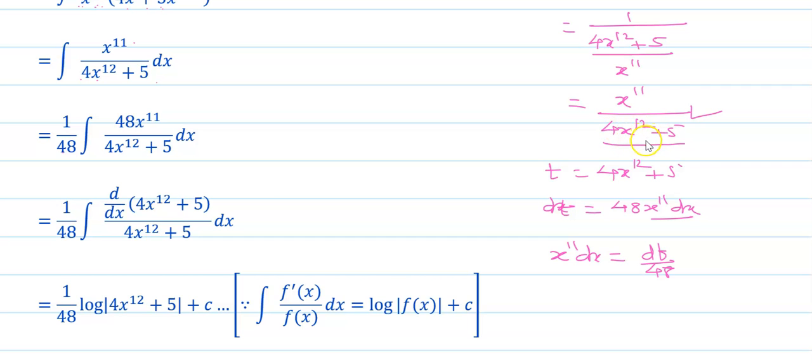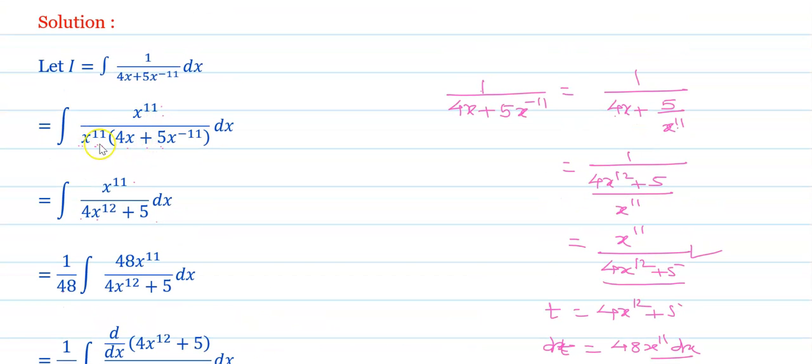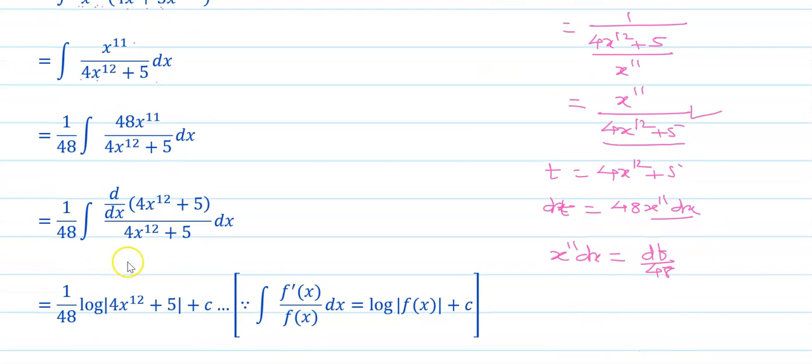It is again the log form. So how much will the answer be? That is 1 upon 48 log of mod of 4 x raised to 12 plus 5. That is the answer. Otherwise you multiply n and d by x raised to 11 and show this form.